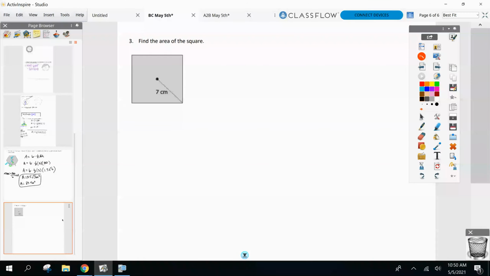So you have choices. You can divide it up into 4 triangles if you want, or you could just use the good old square formula, base times height. So if you find a side, multiply it by itself, you got the area. A lot of different ways here, which is why I'm going to let you guys investigate on your own. You guys in class, if you want to talk to people around you about their ideas and how they did it, that's fine.